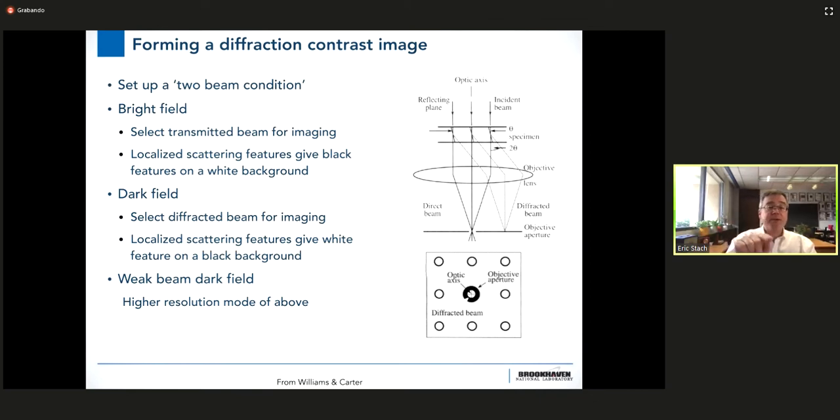So this objective aperture in the back focal plane cuts off the contribution of all rays except for those going down through the optic axis. And that means that what you'll see is an image that has bright intensity everywhere except for where the strong diffraction occurs.